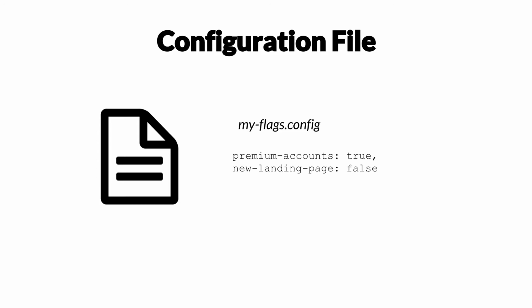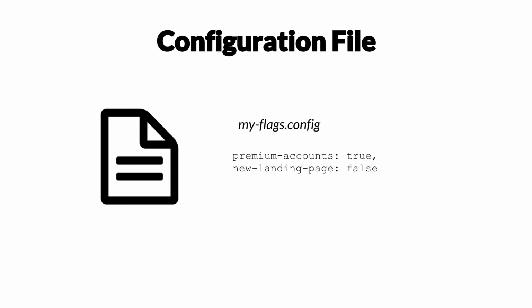Alternatively, we could use a configuration file. So we could have something like myflags.config and have some key value pairs in there, like premium accounts set to true and new landing page set to false. If we evaluate this dynamically in our code, which means that we don't just load it into memory or some kind of cache on startup, that leads to a situation where operations or anybody taking care of the servers can just turn these features off or on the fly.